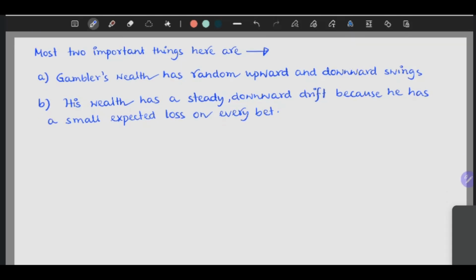So the expected loss of every bet is small.